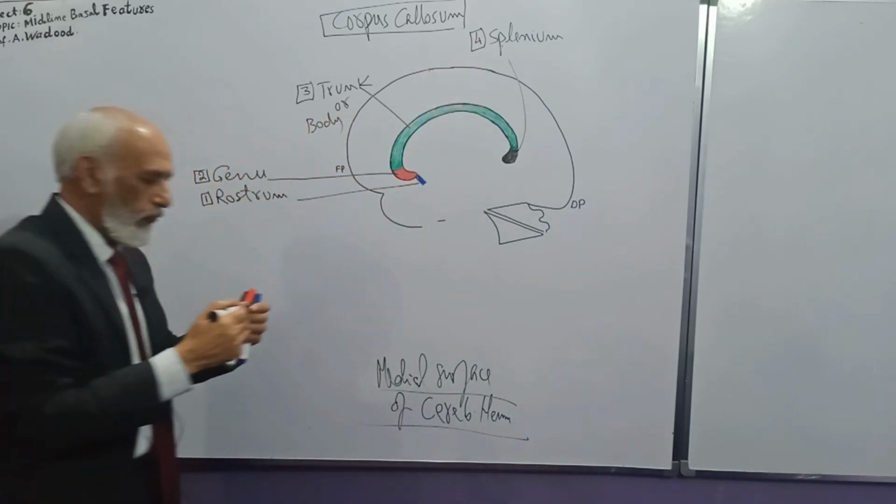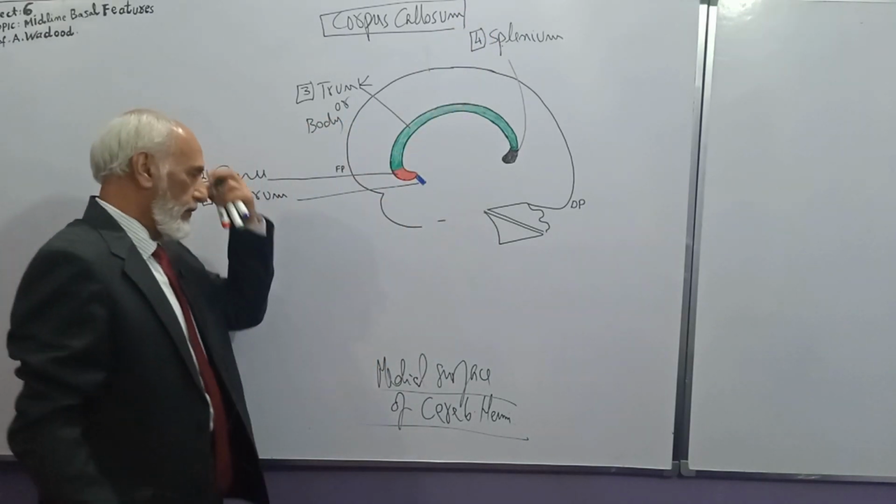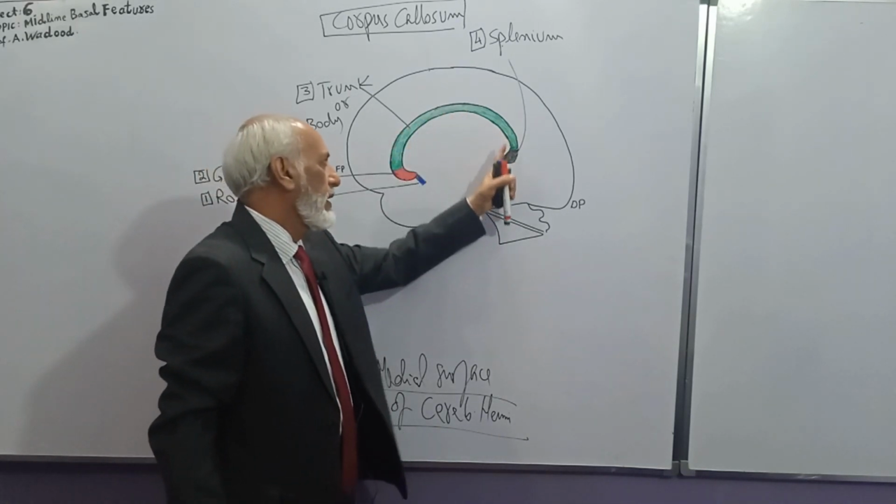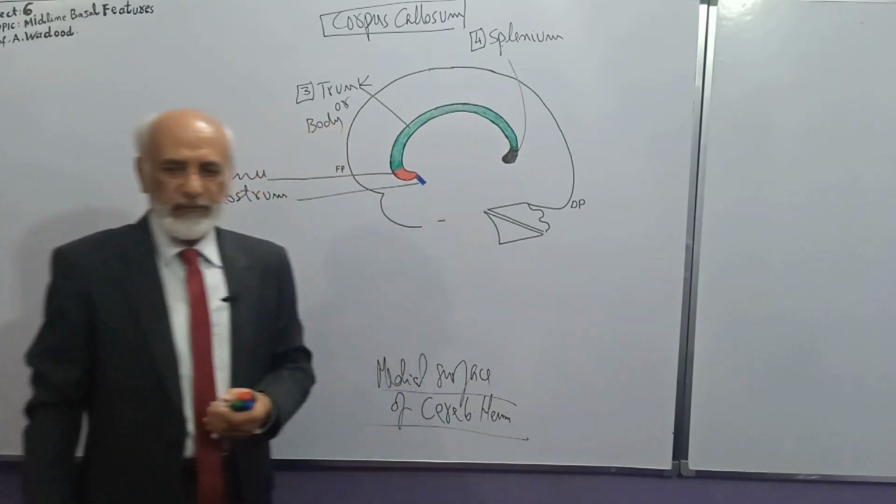So these are the four parts of the corpus callosum: rostrum, genu, trunk or body, and splenium of the corpus callosum.